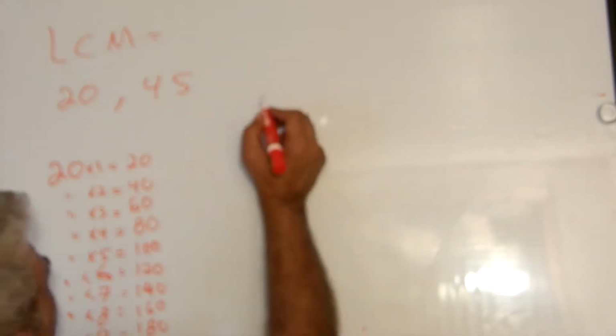Times 5 is equal to 100. And every time you add 20: 120, 140, 160, 180. This is 6, 7, 8, 9. That's the multiples of 20. For 45, we write this one too.